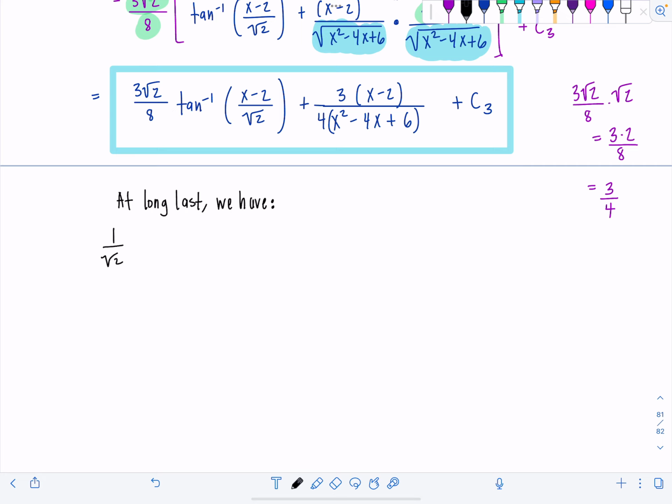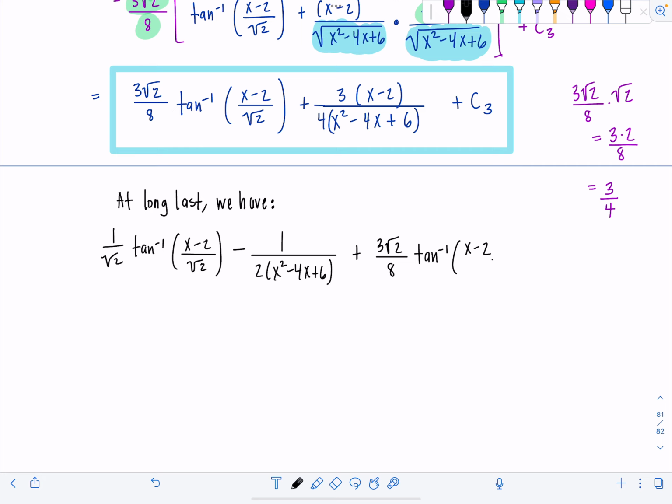So we've got 1 over rad 2, tan inverse of (x minus 2) over rad 2 minus 1 over 2 times (x squared minus 4x plus 6) plus this most recent addition to the family, we birthed it, 3 rad 2 over 8 tan inverse (x minus 2) over rad 2 plus, you know what, I'm going to distribute this.